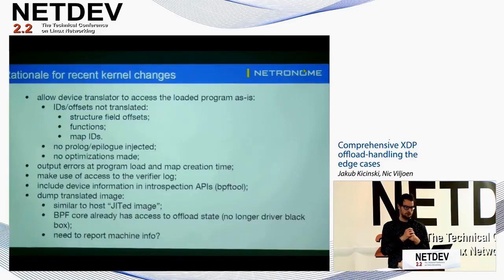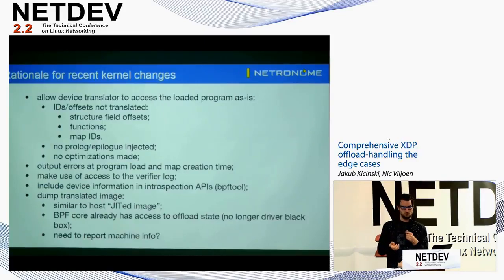As I said, we can now place some of the state inside the BPF program structure itself. So we are hoping to report the translated image. When we translate the program for the device, we are actually generating machine code. It's not some abstract instructions that the firmware will then translate to something else. It's the actual NFP machine code, and we can take that and disassemble that with some libraries.